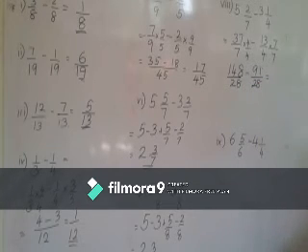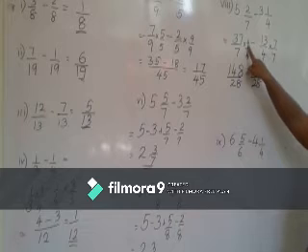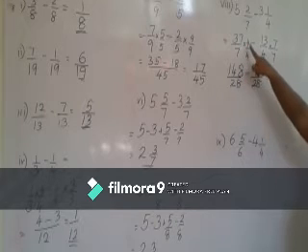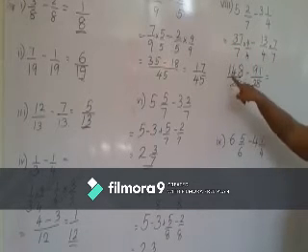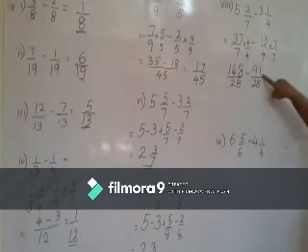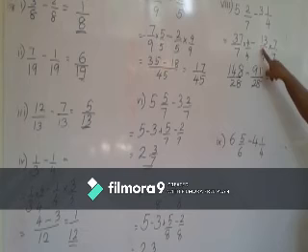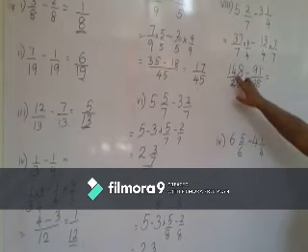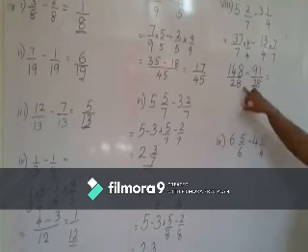Now we have to subtract. Again we will check. 7 times 4 is 28. 4 times 3 is 12, 12 and 2 is 14. 7 times 3 is 21. 7 times 1 is 7 and 2 is 9. Now we have to subtract because the denominators are the same.